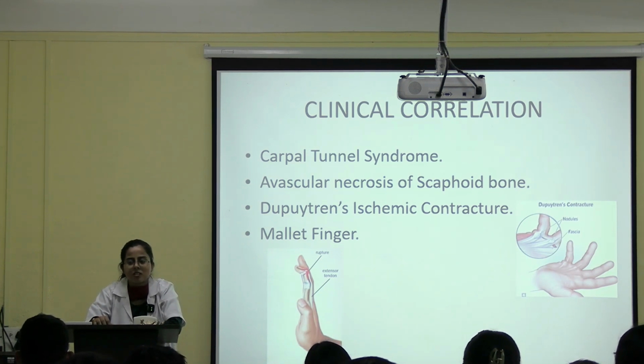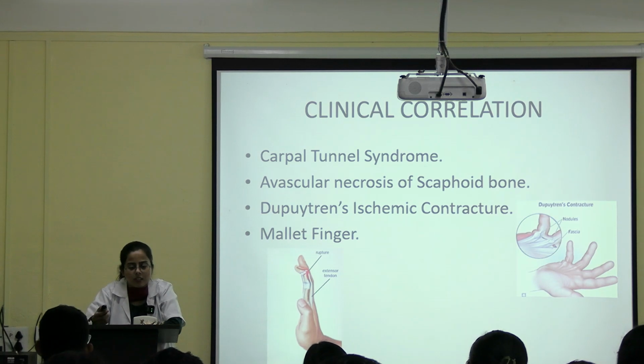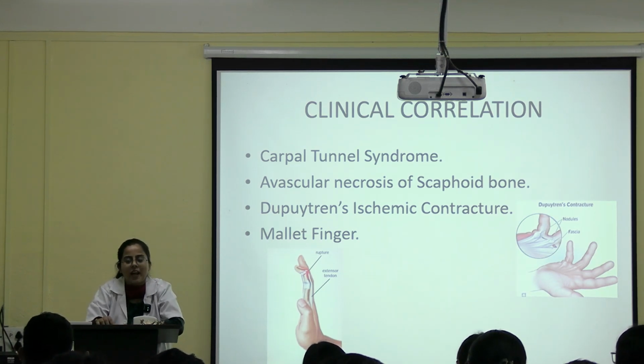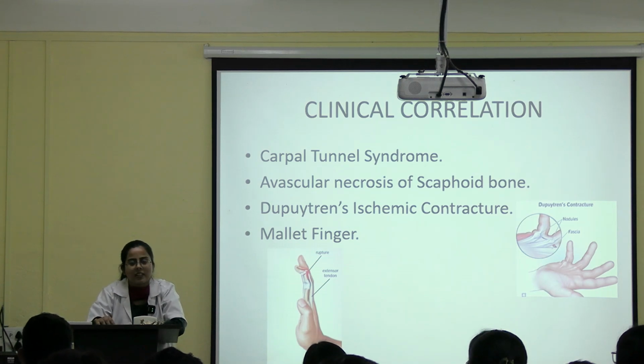How many metacarpals? 5. What are the parts of metacarpals? Okay, and phalanges, in the thumb, how many phalanges are there? 2. And rest of them? 3. What are the names? Proximal, middle and distal.